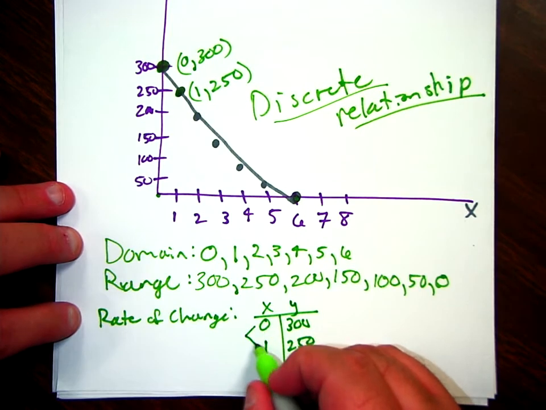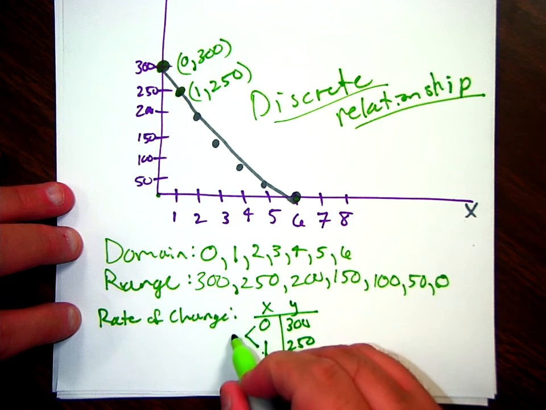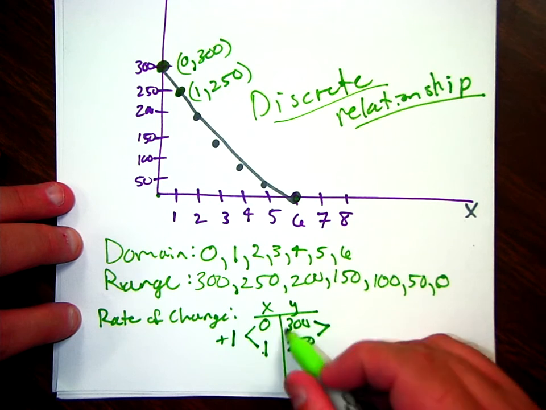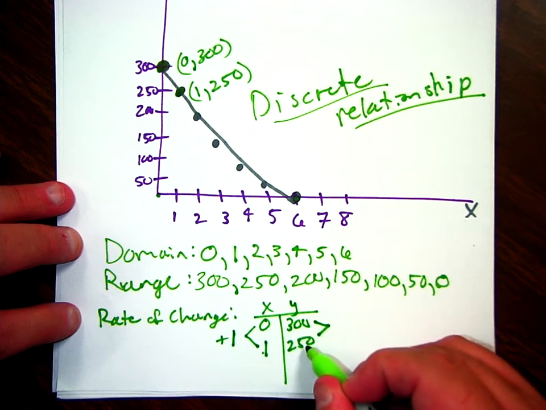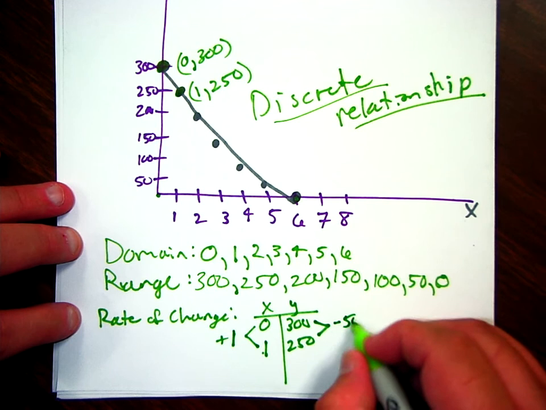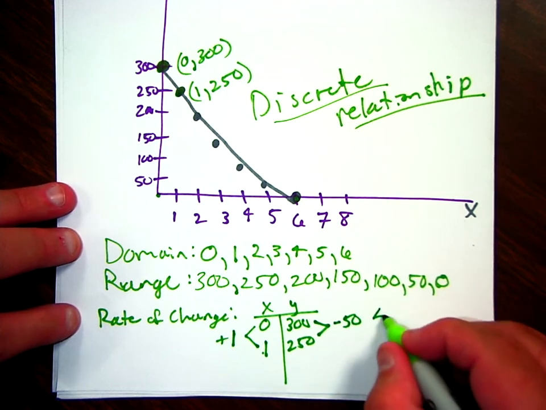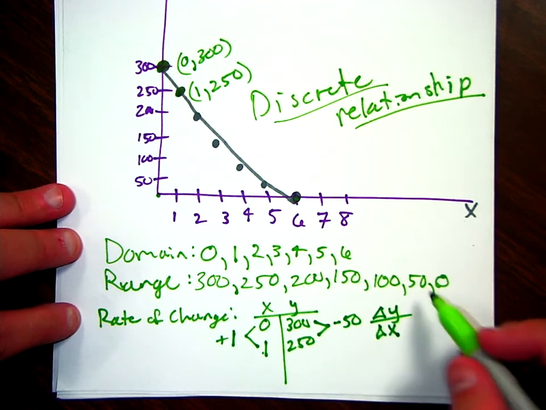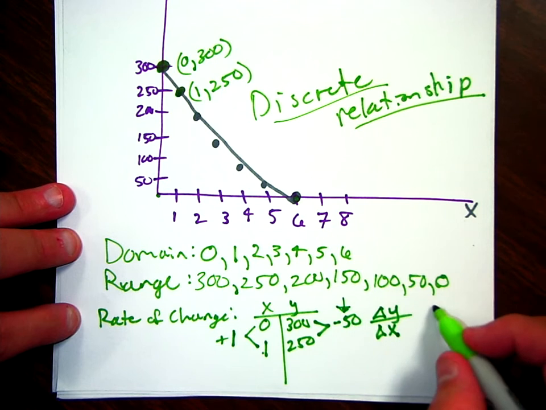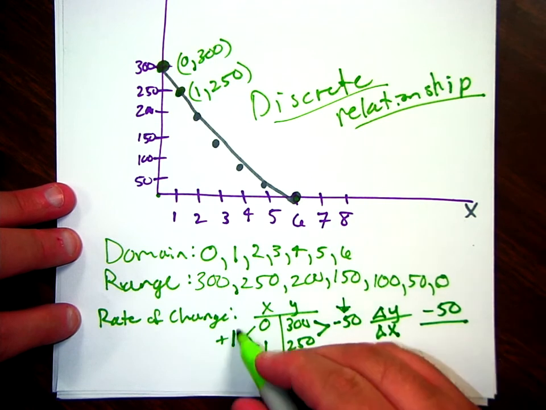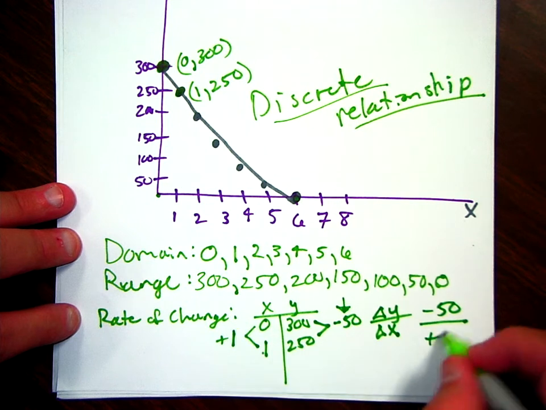Now we're looking at the change from 0 to 1 for the x, you get positive 1. And from 300 to 250, starting here and going to 250, that's a change of negative 50. Rate of change is delta y, change in y, over delta x, change in x. So the y is right here, negative 50, over the x, which is here, positive 1.